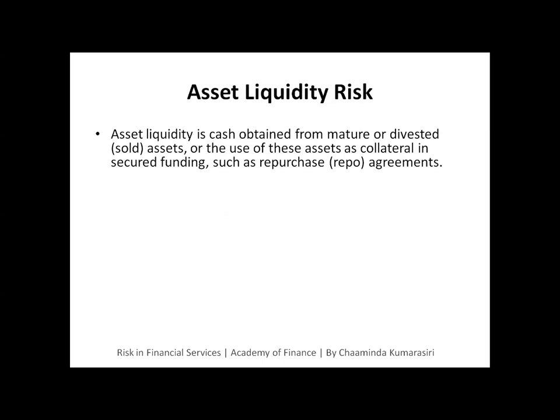Or you can convert some of the assets into cash through repurchase agreements. You know what repurchase agreements are, right? Assets sold under repurchase agreements: if you have investment in treasury bills, without realizing the treasury bill itself, you can keep that treasury bill as a collateral and you can borrow.